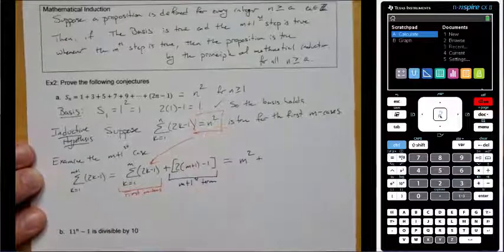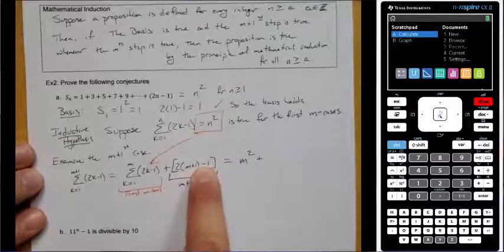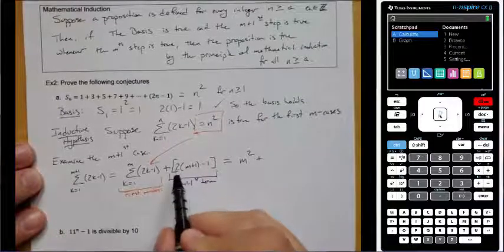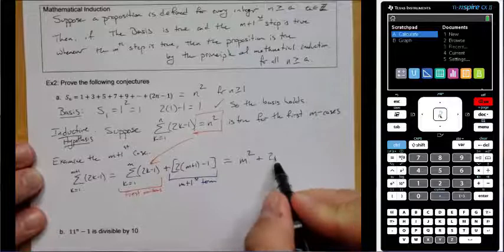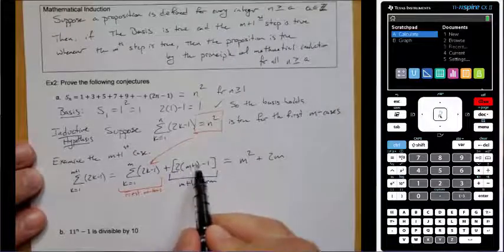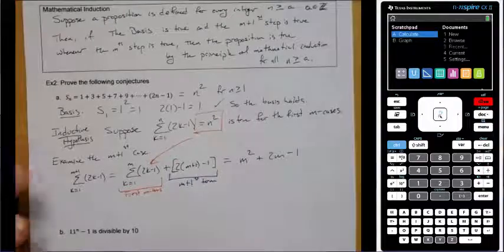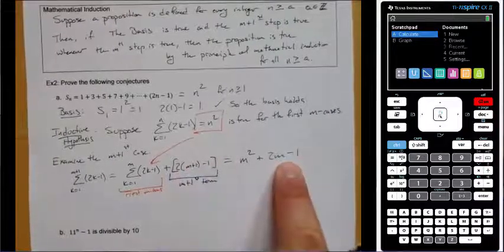And then we're tacking on 2 times m plus 1 minus 1, because that is the m plus first term. If I do a little distributing here, 2 times m is 2m, 2 times 1 is 2, and 2 minus 1 is 1. I just distributed here to come up with m squared plus 2m plus 1.